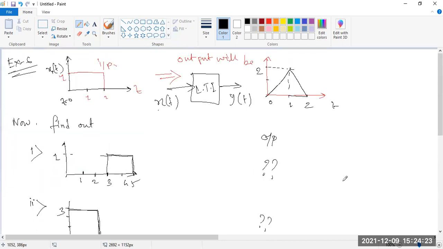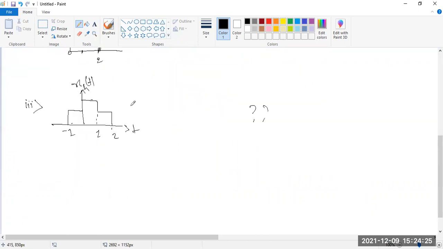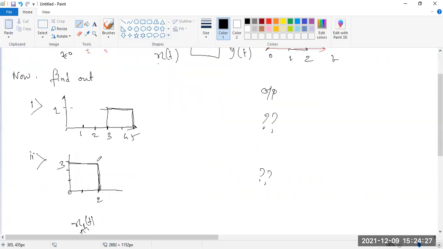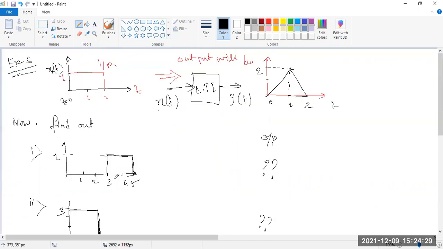In previous classes I have shown you so many representations of this step function. How could I represent this step function, and then we can get so many operations: magnitude scaling, time scaling, time shifting, delay, advancement.